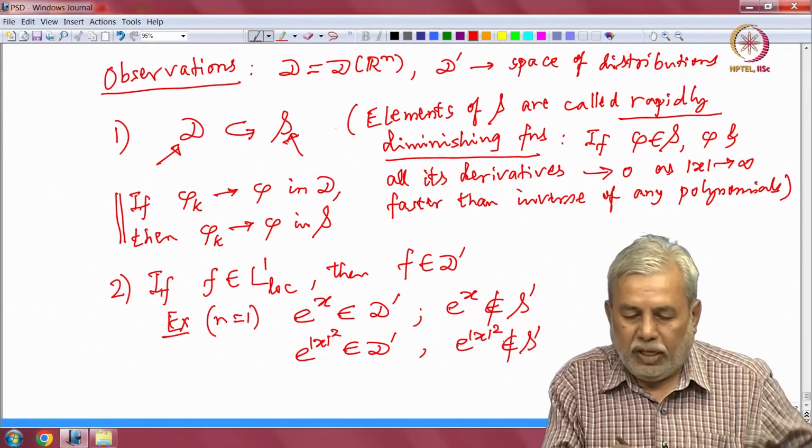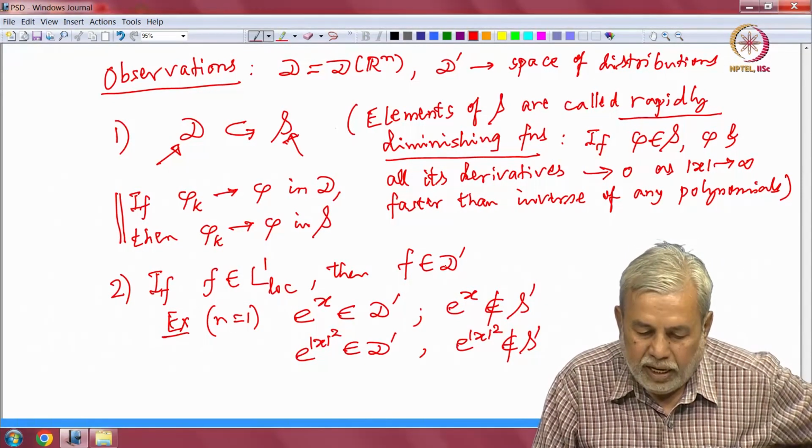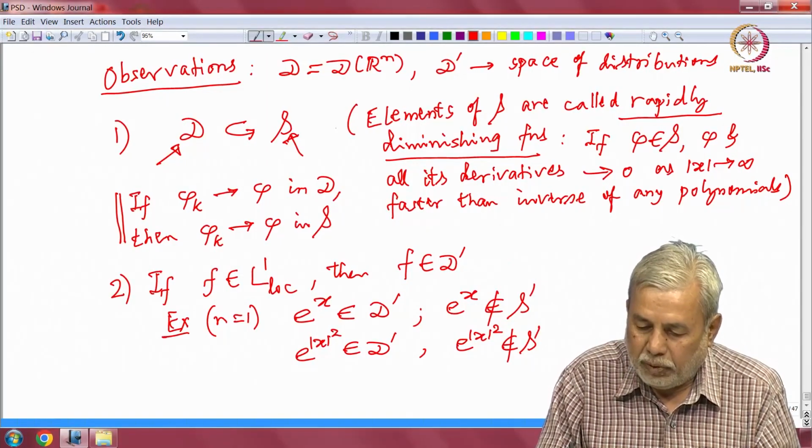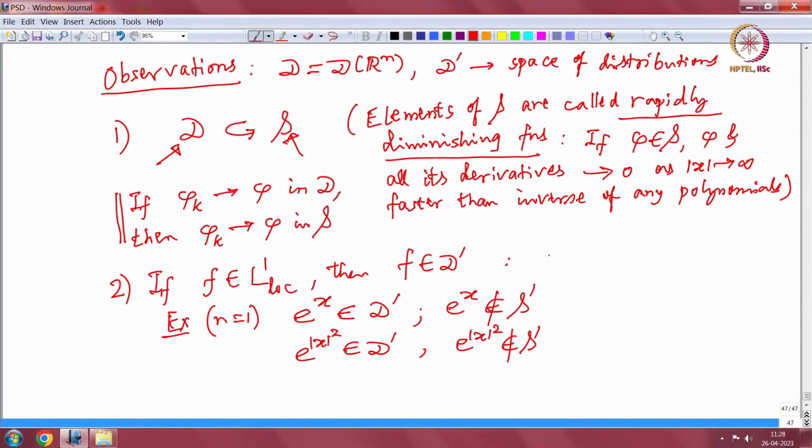Okay. So, the way we associate a distribution to a locally integrable function is via the integral, right. So, same way, f of phi, with phi in D in this case or S. Okay. So, that is what we want to do. Here you just work it out, but here it is very easy.